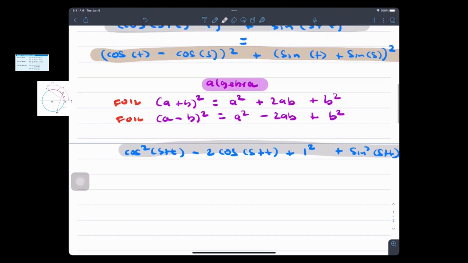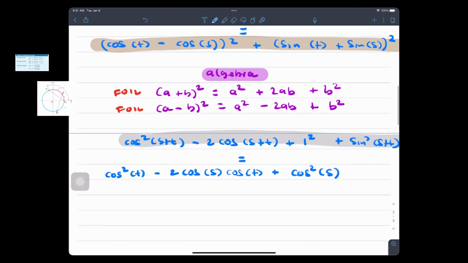And then the gold that we have, let's put that in gold. Cosine squared t minus 2 cosine s cosine t plus cosine squared s.